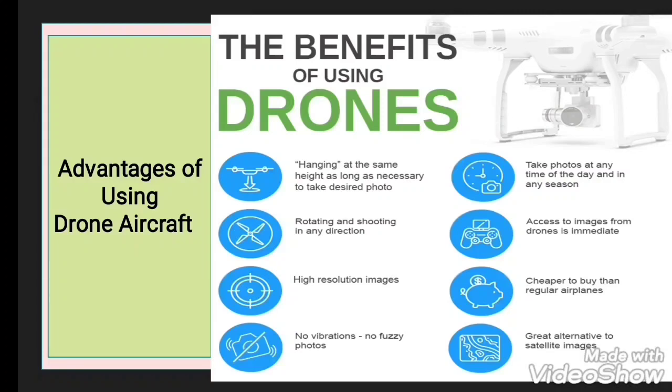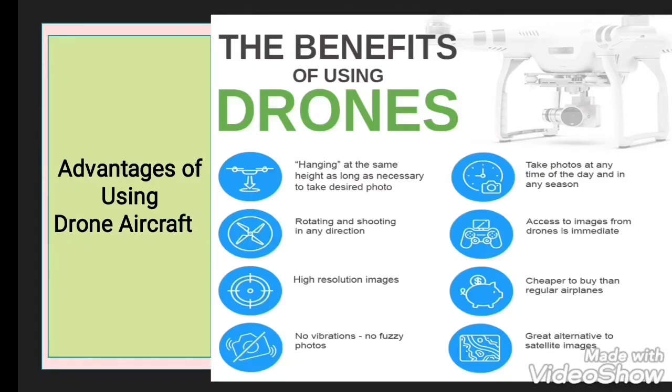That means you can hang at whatever height you like, and you can take the desired photo. Then rotating and shooting in any direction. It's actually movable. It will rotate and can take video or photo from any direction.